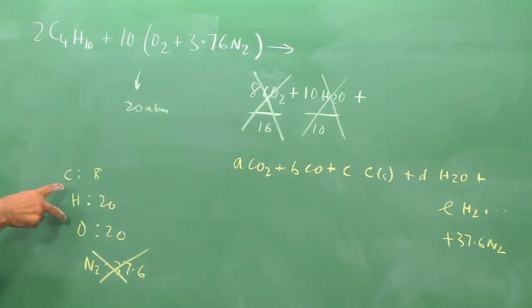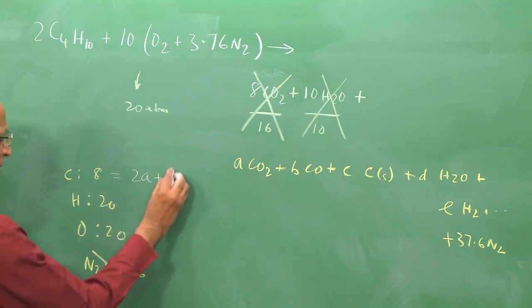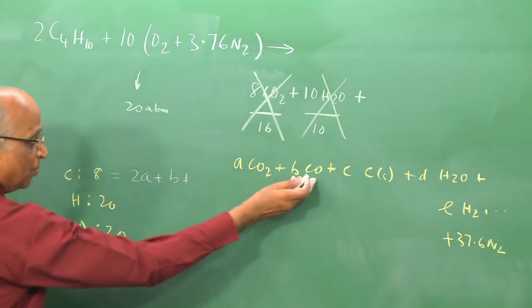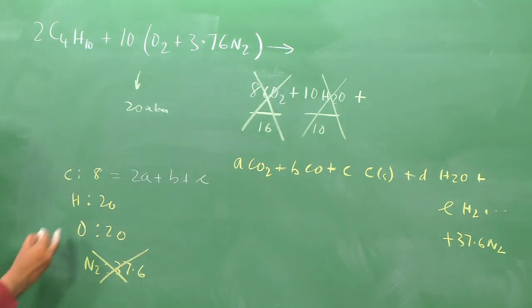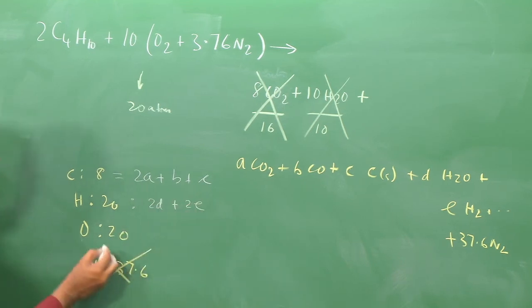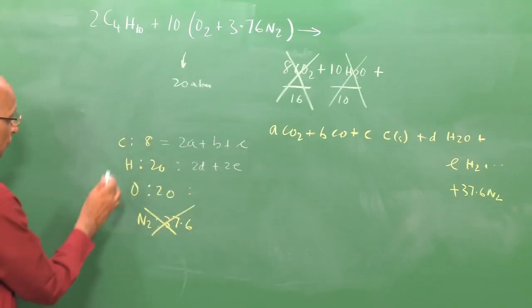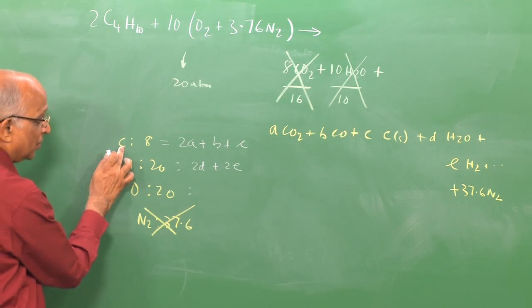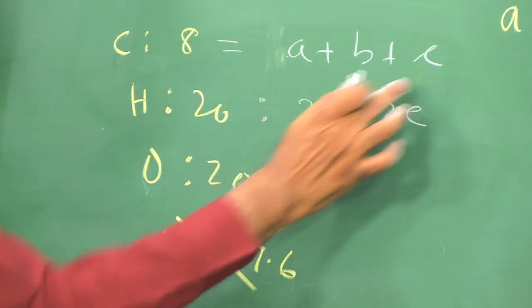Therefore, now I can write 3 equations. The carbon balance equation will tell me that on the right hand side, 8 is equal to A plus B plus C, since CO2 gives A, CO gives B, and C is carbon.